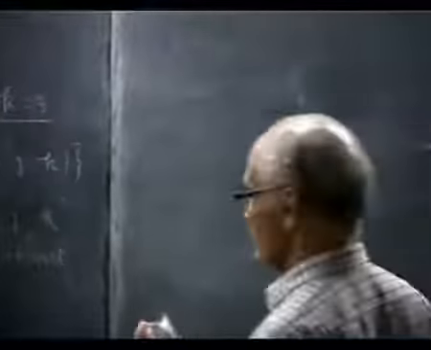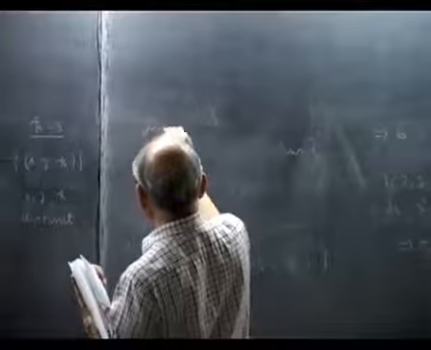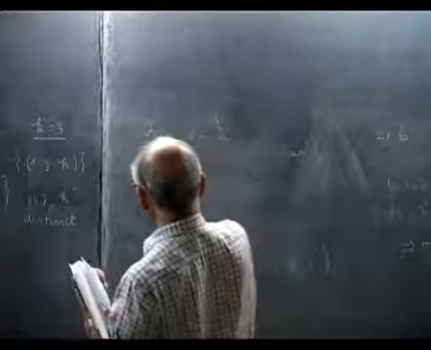Then the statement is the following: any s in Sn is a product of cycles.